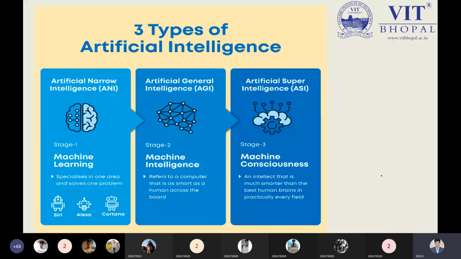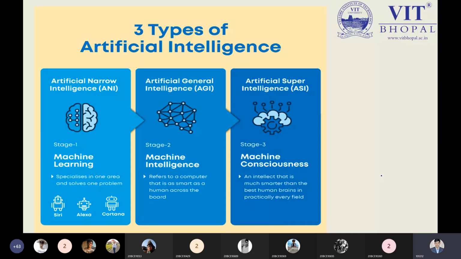So, in the first point, we learn machine learning with the help of narrow AI, with specific, limited applications or problems. In the second, we have machine intelligence: the machine becomes intelligent like a human being and can solve any problem, the artificial general intelligence.